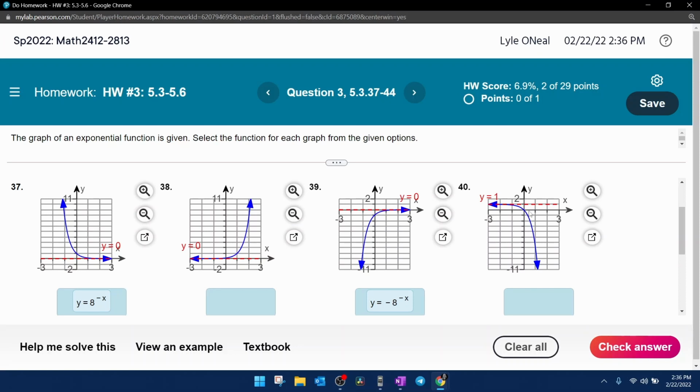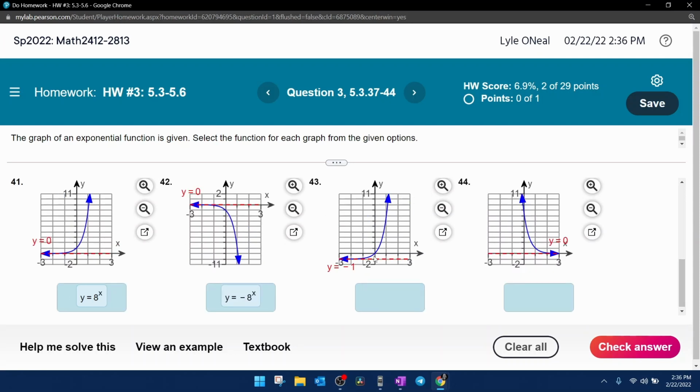Number 40 does go through the origin, but it's going to be at the wrong y value when x is 1. We need a graph that curves up to the right, not down to the right. Number 43, now this one does go through the origin, and it is curving up to the right. Look at that. It looks like it does go through 1, 7. So I bet 43 is the one we need.